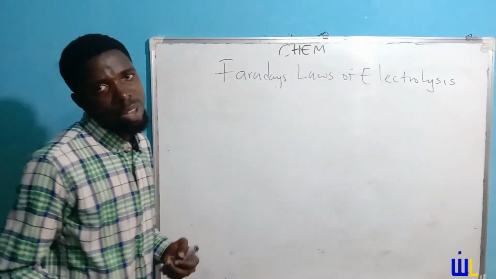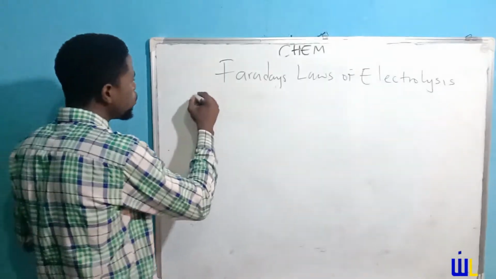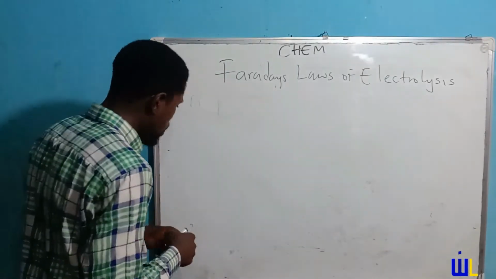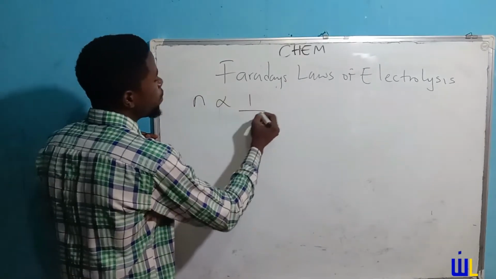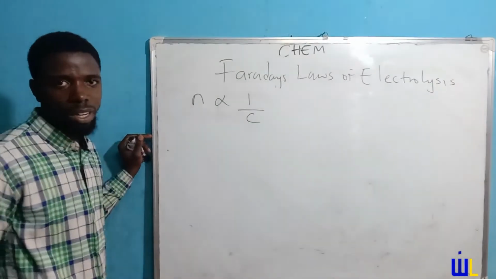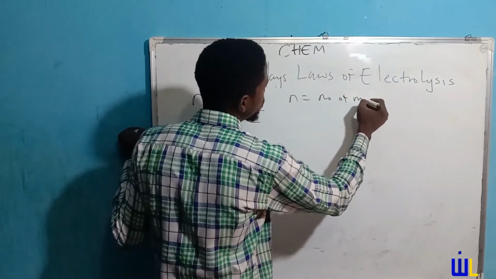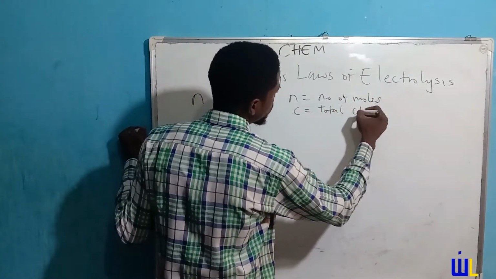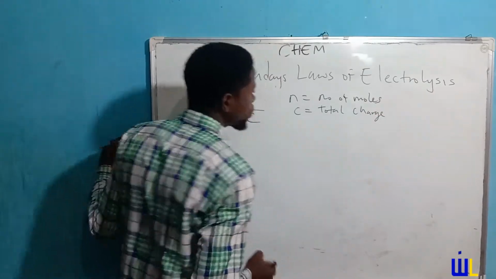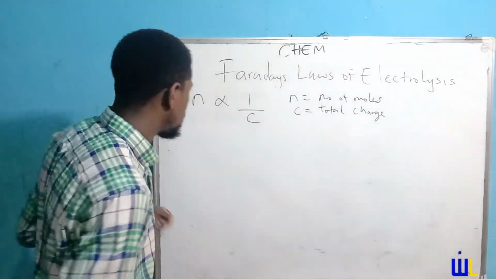So what do we mean when we are talking about the mathematical expression of Faraday's law? Number of moles is inversely proportional to the total charge. So we have N equals number of moles and C equals total charge. This could also imply the total number of electrons being transferred.